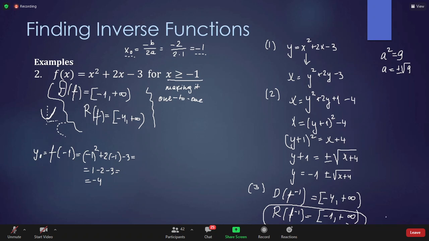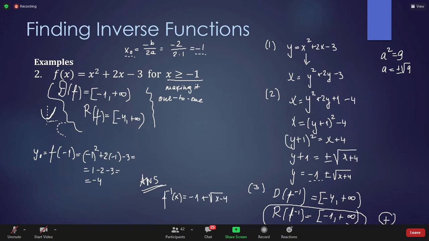We need the plus sign to go in the positive direction from -1. And so the answer will be: f inverse is the function -1 + √(x + 4).